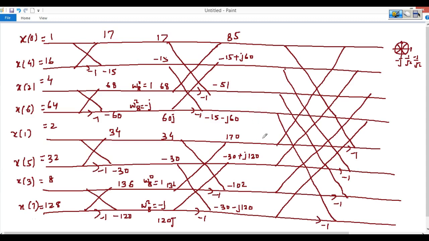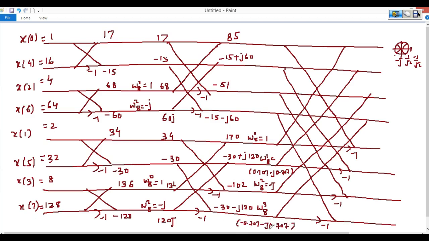The multipliers are W of 0 of 8, W of 1 of 8, W of 2 of 8 and W of 3 of 8. W of 0 of 8 is 1, W of 1 of 8 is 0.707 minus j into 0.707. W of 2 of 8 is minus j, and W of 3 of 8 means these values, where x is negative and y is also negative. So here minus 0.707 minus j into 0.707.